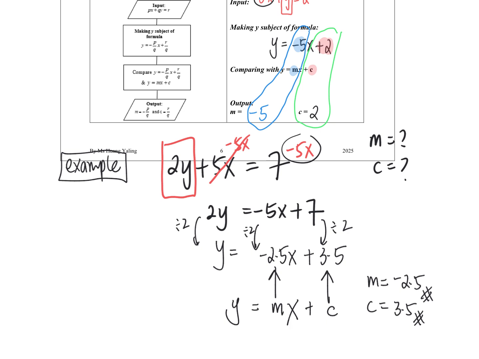Then tomorrow, do examples 1, 2, 3, 4, can? No, 4 examples. So do examples 1, 2, 3, 4. Just calculate all the gradient and the equation of straight line, as a practice. Okay, that's all.